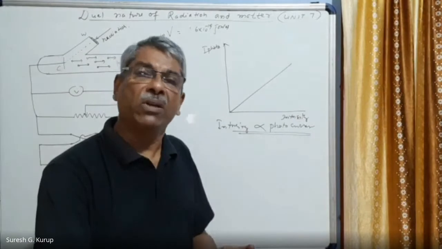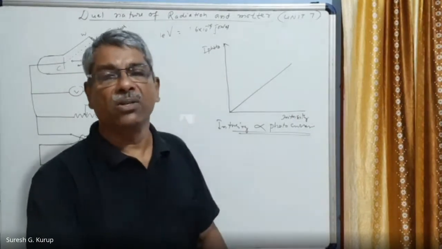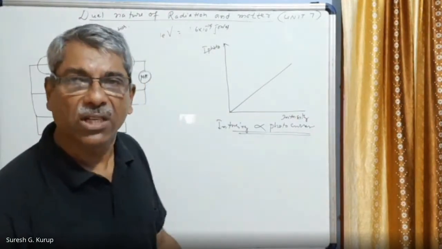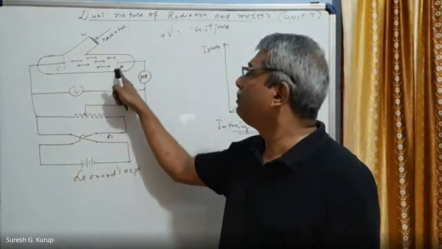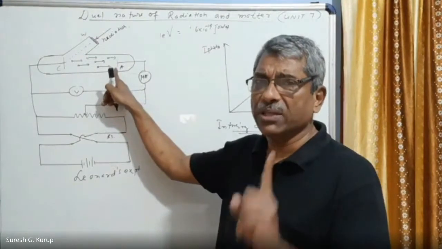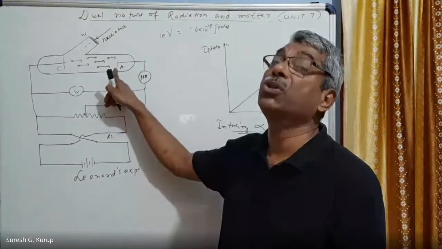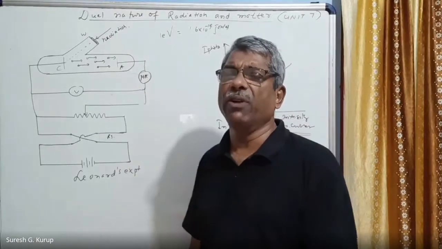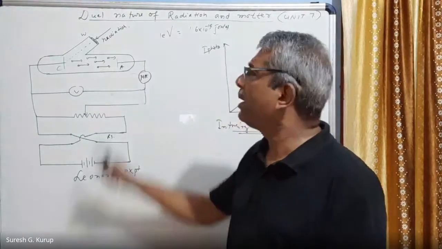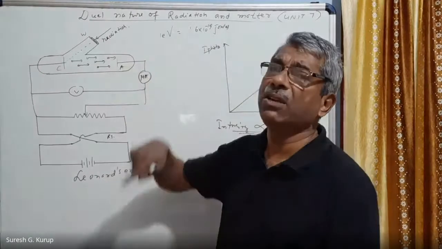When the number of electrons increases, the photoelectric current is also increasing. This is the reason. In the first experiment, we can use the same experimental arrangement. Keep the anode plate at a constant fixed positive potential, and the radiation at a fixed frequency. But what we are doing is increasing the intensity of radiation.